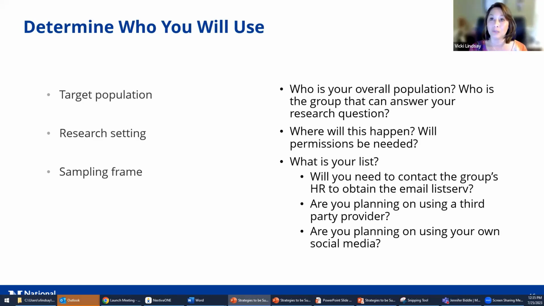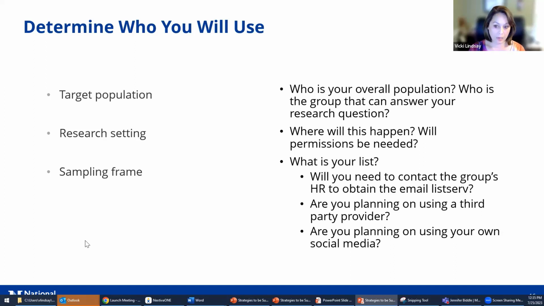So you'll need to go to the IRB website and try to figure out, will you need permission for your research setting? If you're going to use a police department, make sure that you try to figure out if you're using their email addresses. You're going to need to get permission for that.